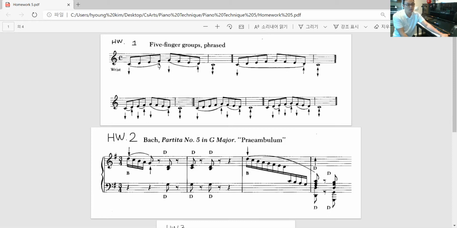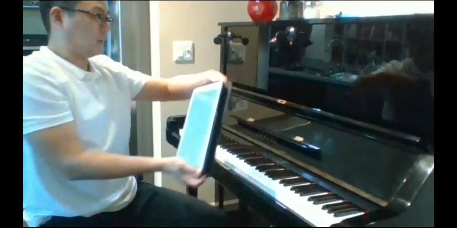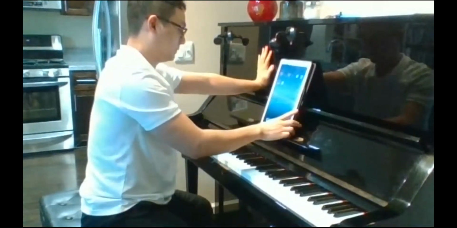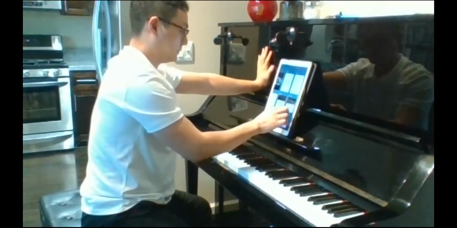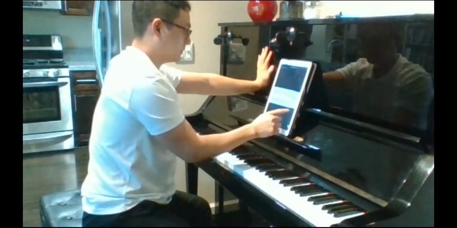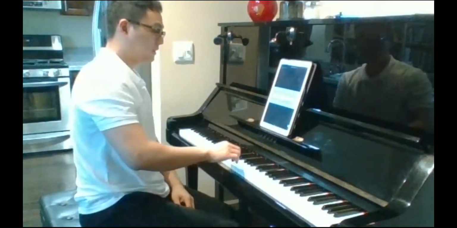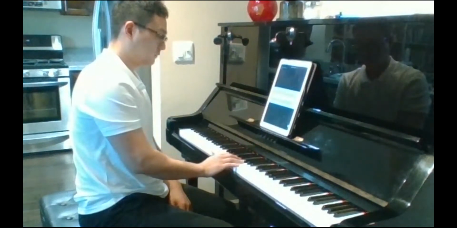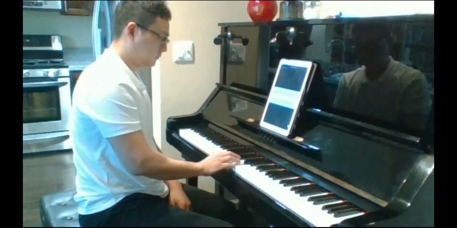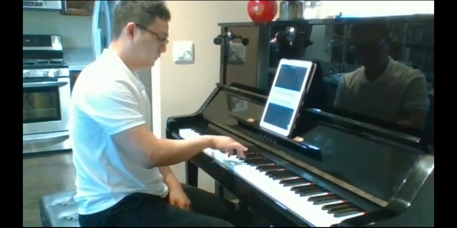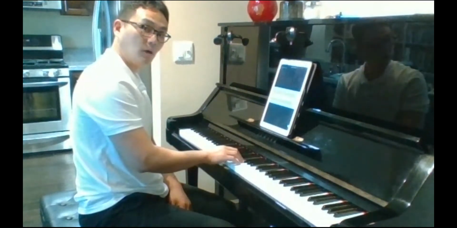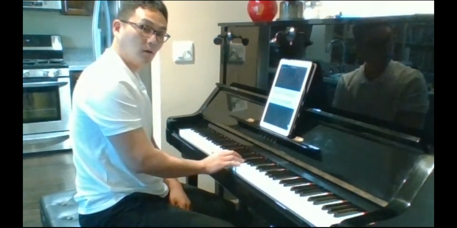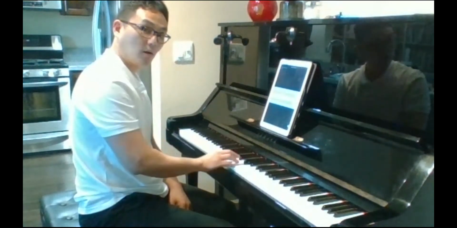Homework number 1. Wrist from down. I start from lower as I go up, going up.